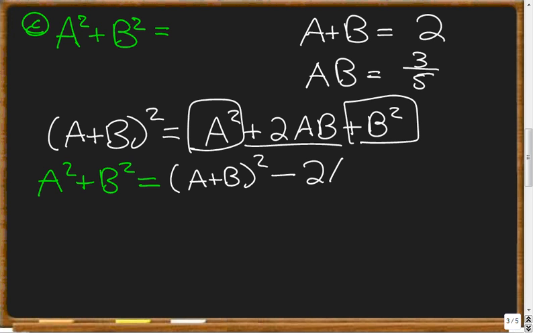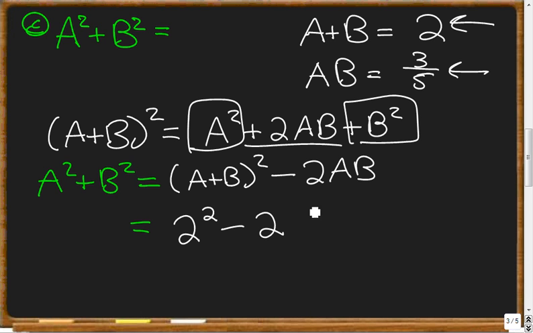So we're going to subtract away 2ab. So this, even though we don't specifically know what a or b are, knowing that a plus b and knowing that a times b are certain things allow us to go ahead and solve. Well, a plus b is 2. So this becomes 2 squared. So we're up here. And then we're subtracting away 2 times a times b, which is 3/5.